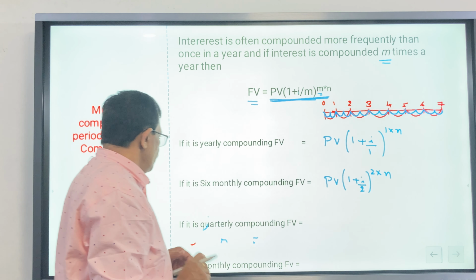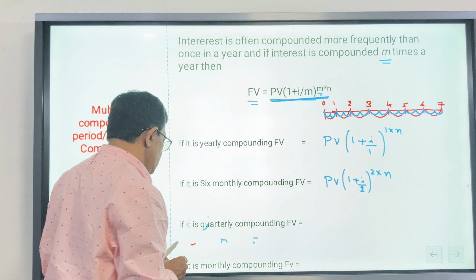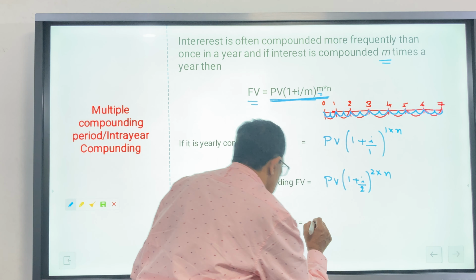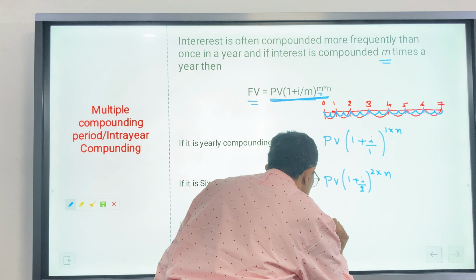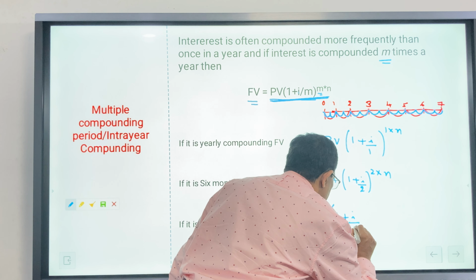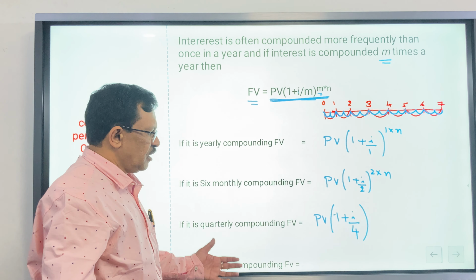When it is going to be compounded on a quarterly basis, then the formula would be present value into (1 plus i divided by 4) to the power of 4 into n, because in a year we are going to have 4 periods.